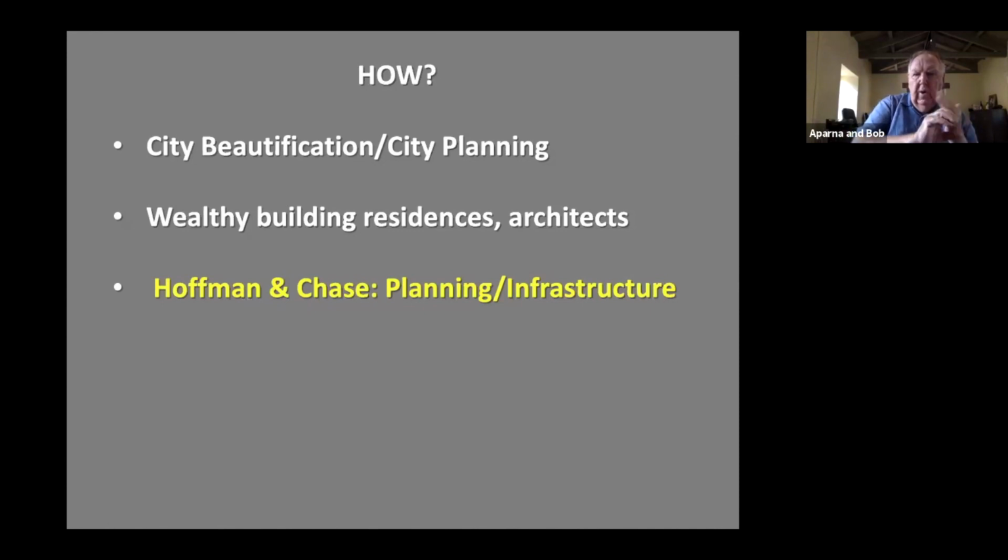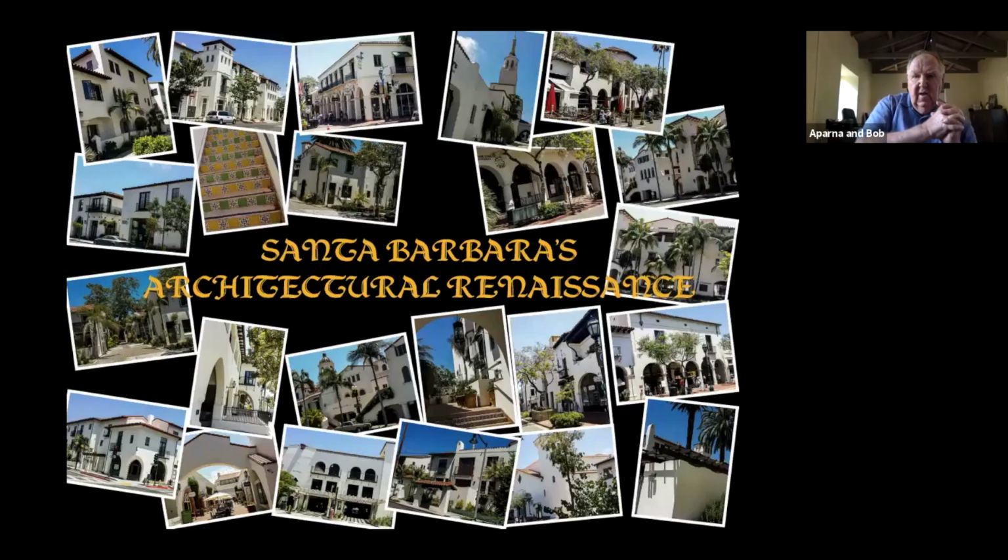So the wealthy building the residences and the architects interested in that style gave us the model. Hoffman and Chase gave us the infrastructure. And for the perfect storm, the earthquake gave us the need. So that we evolved, after all this, our Santa Barbara's architectural renaissance.